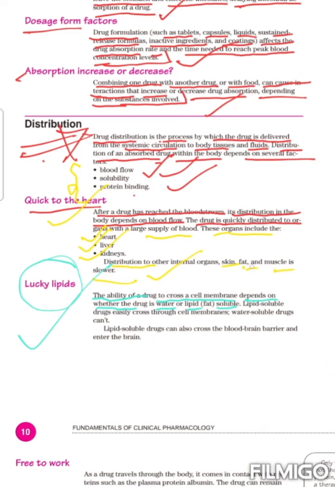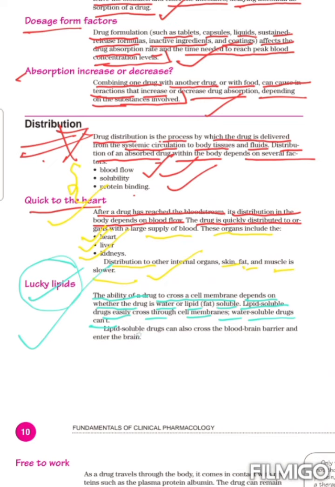Let's see one more time. The ability of a drug to cross the cell membranes depends upon which factor? Either the drug is water soluble or lipid soluble. Lipid soluble drugs can easily cross through the cell membranes and water soluble drugs can't. So that's why lucky lipid.